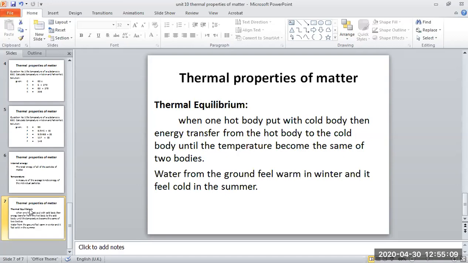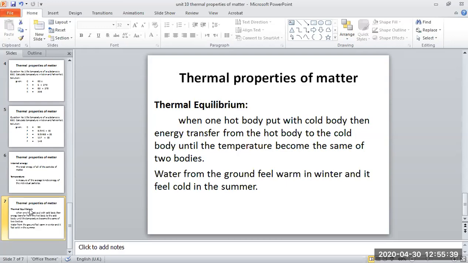Because our hand temperature is low, our hand is cold in the winter, so we feel it warm. During summer our body temperature is high, the water temperature is the same, so we feel it is cold.